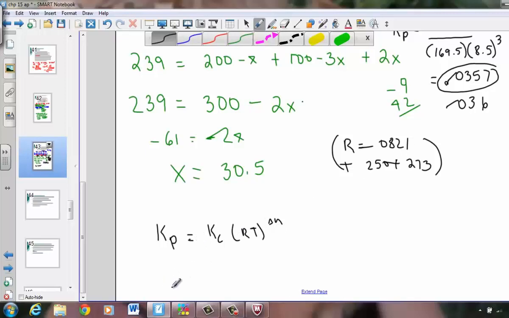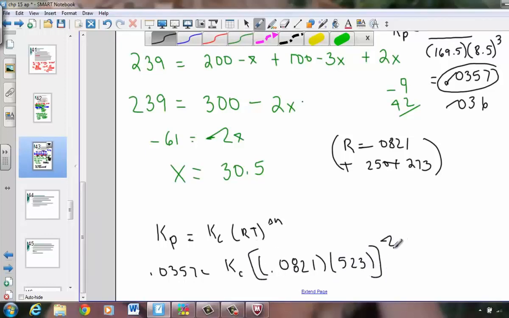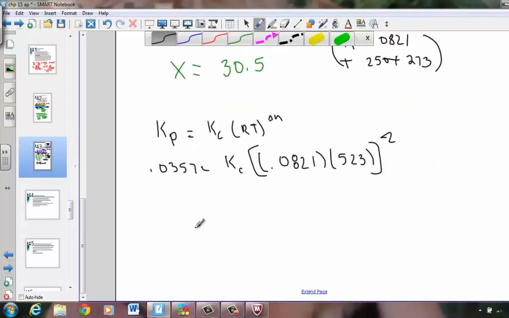Kp is 0.0357. We'd like to solve for Kc. We match the gas constant to atmospheres, so 0.0821. Kelvin temperature is 250 plus 273, so that's 523, all raised to the negative 2 power. What do you find?